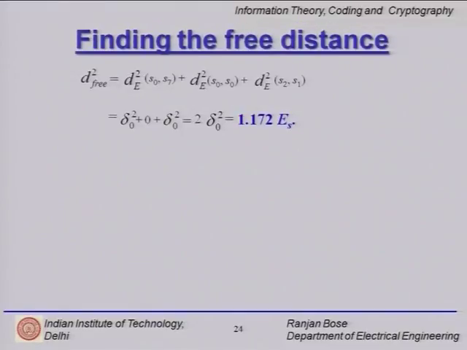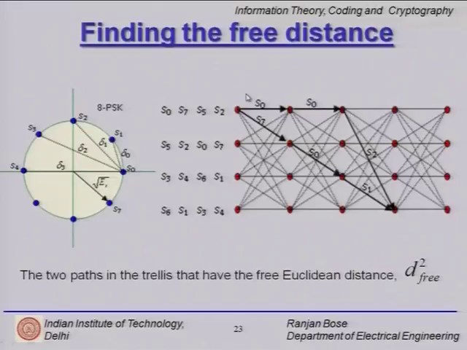So, if you add those distances, it is the Euclidean distance. First we will take the distance between S0 and S7 plus between S0 and S0 plus the distance between S2 and S1. But what distances are we adding? We are adding the Euclidean distances, and therefore, we take the squared Euclidean distance because we can add the squared Euclidean distances overall.